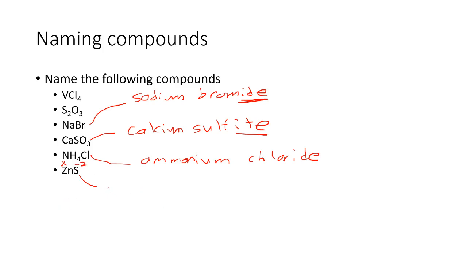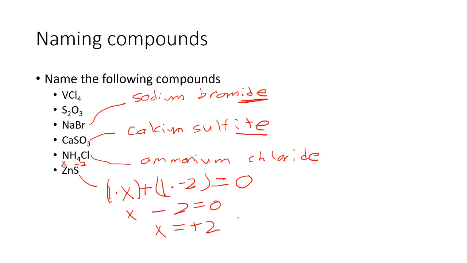So 1 zinc times the charge of zinc, plus 1 sulfur times -2, need to add up to a charge of 0. So we have X - 2 equals 0, or X equals +2. This means it's going to be zinc(II) sulfide.